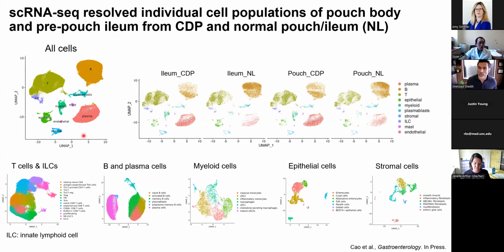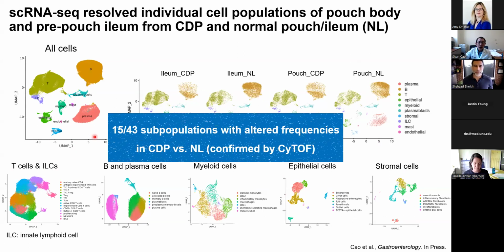There are also a small population of mast cells and small populations of endothelial cells from both the pouch body and the pre-pouch ileum. We identified that 14 out of 43 sub-cell populations had altered frequencies in Crohn's disease of the pouch versus normal pouch and pre-pouch ileum. And we also confirmed those results using CyTOF.